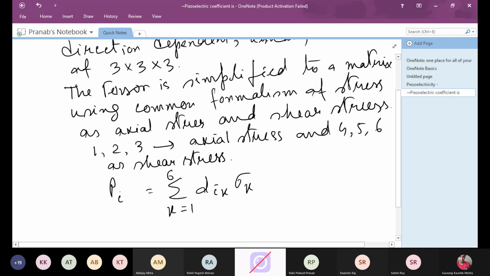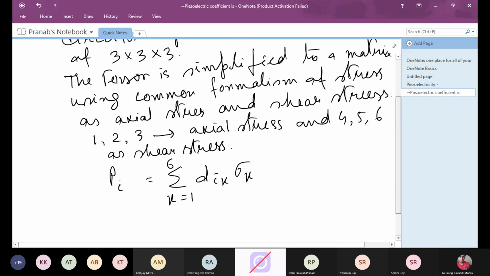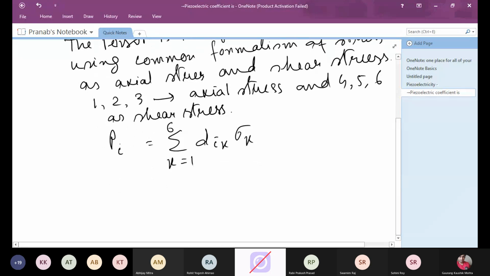That means the electric field we have assumed as 0. This is for the direct effect. If some electric field is present, then P will also be contributed by the electric field and the mechanical field together.